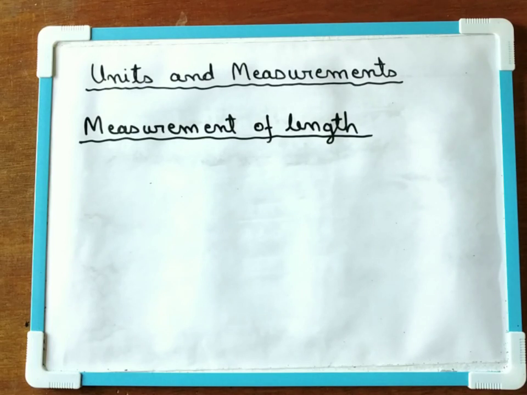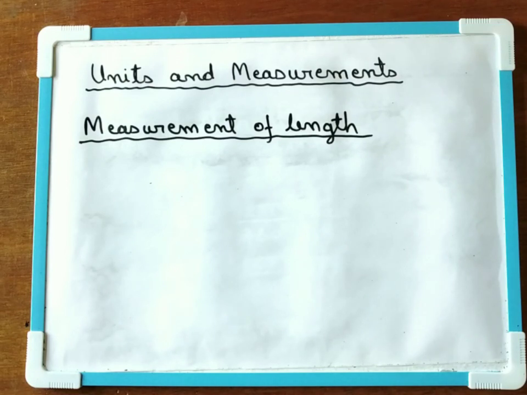Another method is the indirect method, and in this indirect method we measure the distance of very distant objects. For example, the distance of a very distant planet from the Earth, or of a very distant star from the Earth.